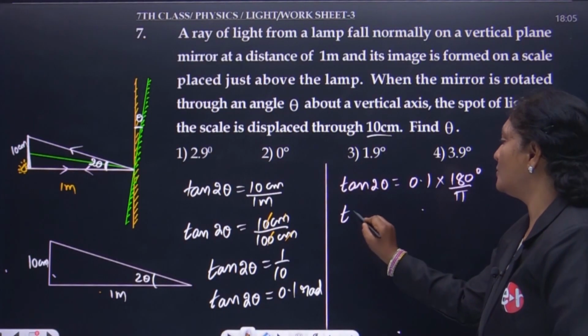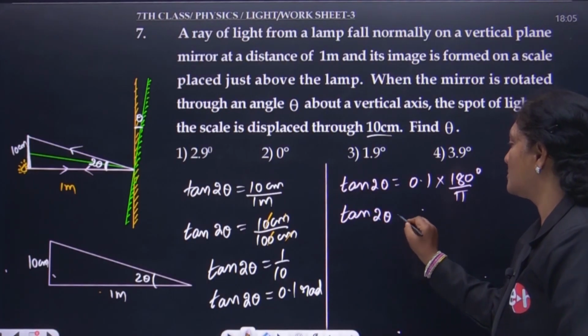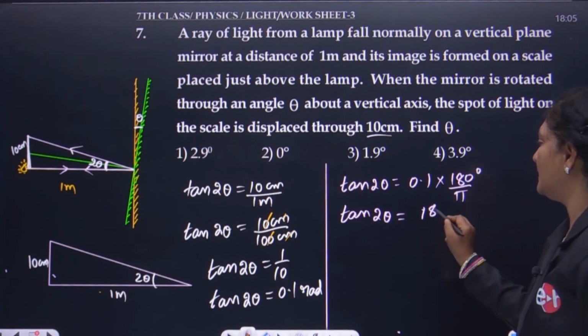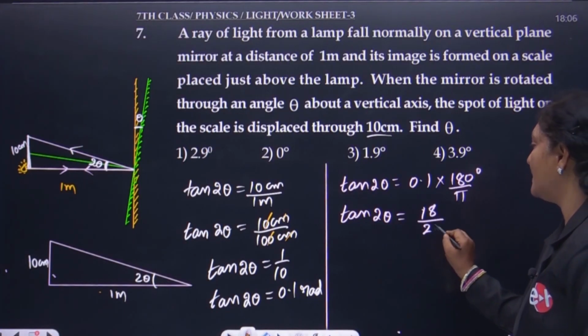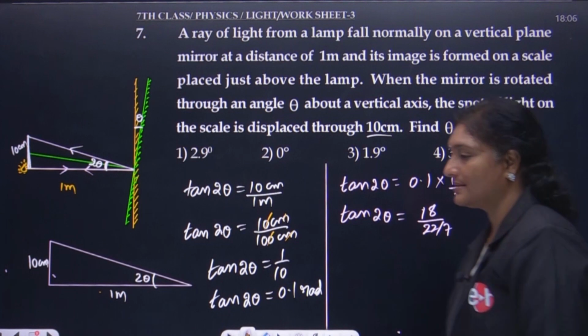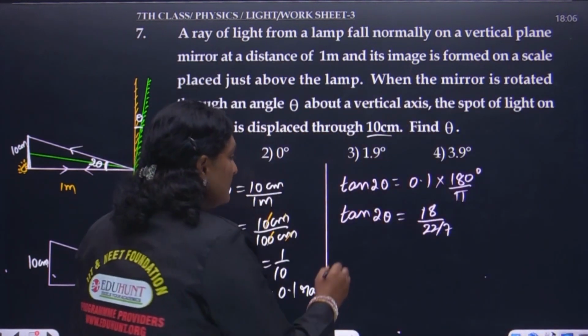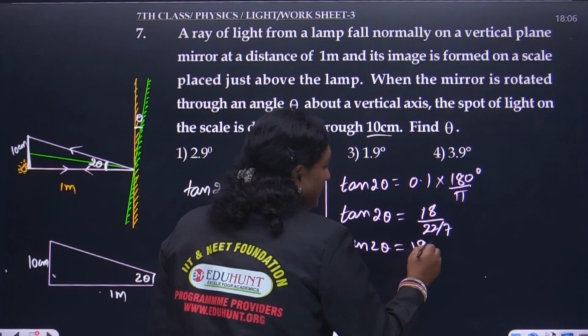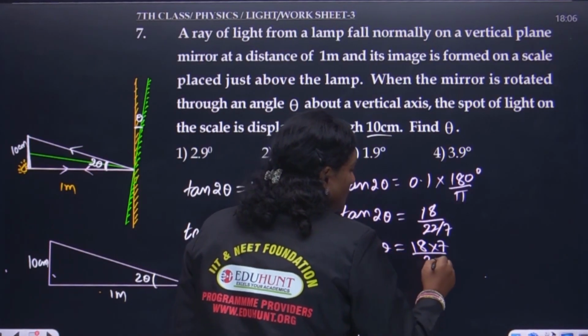Hence, tan 2 theta is equal to 0.1 into 180, which is 18, upon the value of pi, taken as 22 by 7. Hence, tan 2 theta is equal to 18 into 7 upon 22.